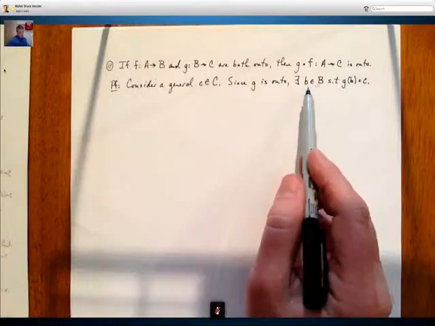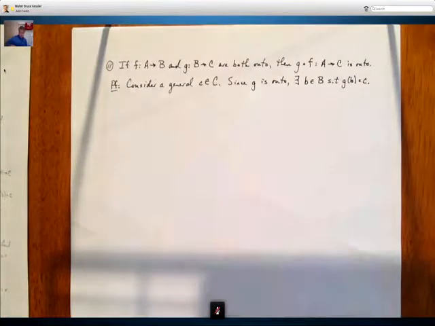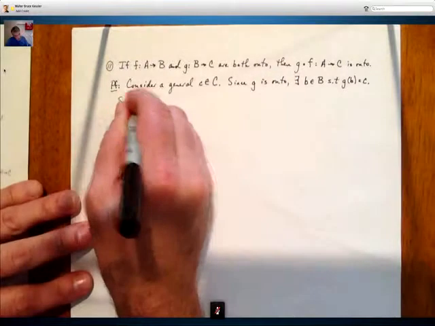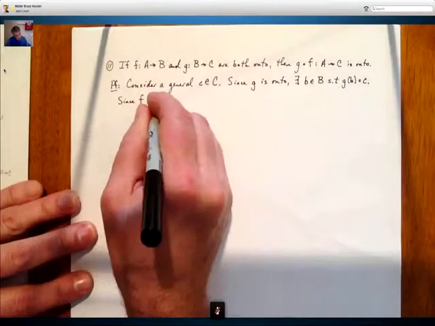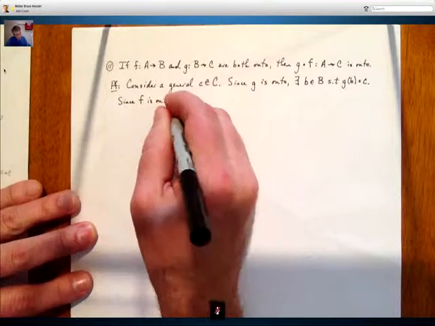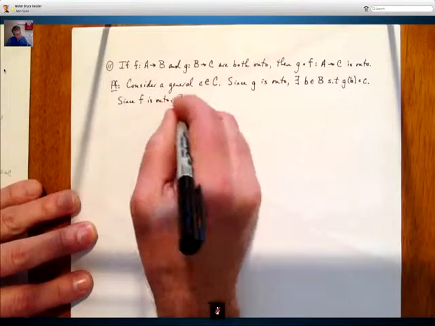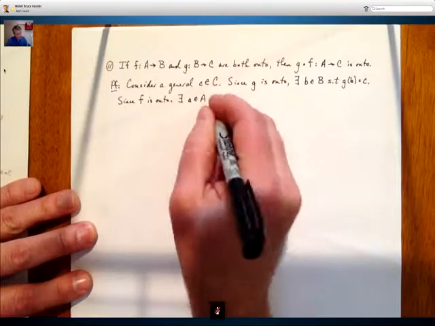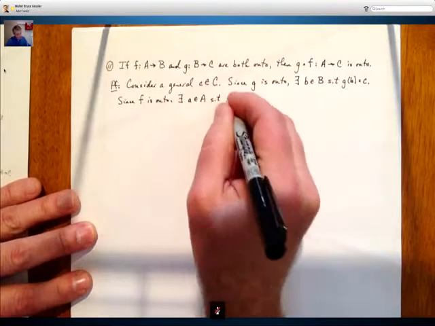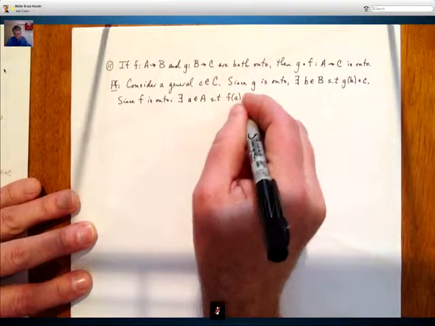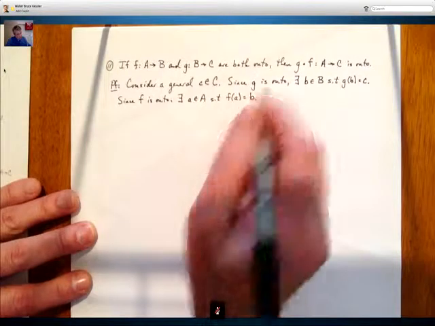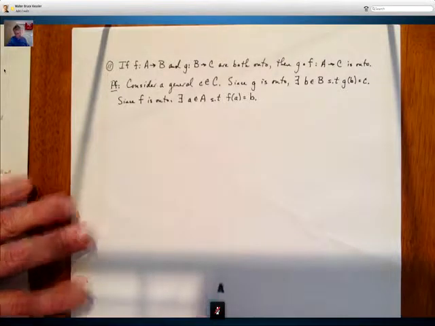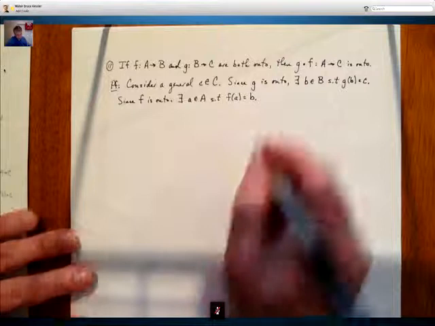But F, which is a function from A to B, is onto the set B. So since, same trick, right? Since F is also onto, then there exists some, I'll call it little a, in the set A, such that if I took F of this A, I would get B. Okay?